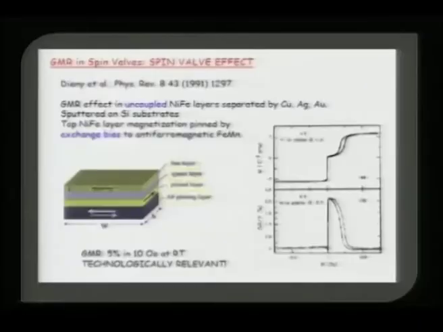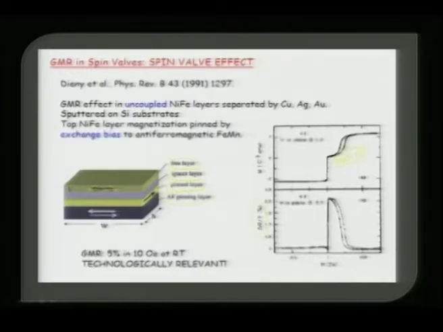So typically if you want to look at the device, it will have a hysteresis, M versus H, like this, where in one direction you see the loop and in the other direction it is actually pinned.